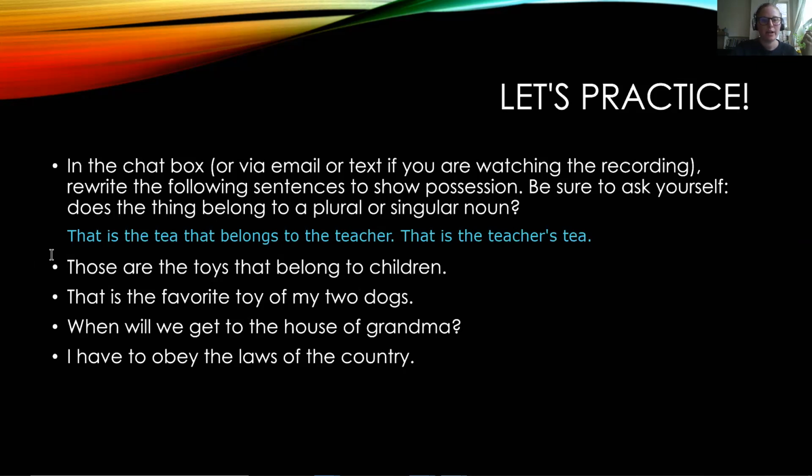So rewrite: Those are the toys that belong to the children. That is the favorite toy of my 2 dogs. When will we get to the house of grandma? I have to obey the laws of the country. All right, so you're going to be rewriting those.